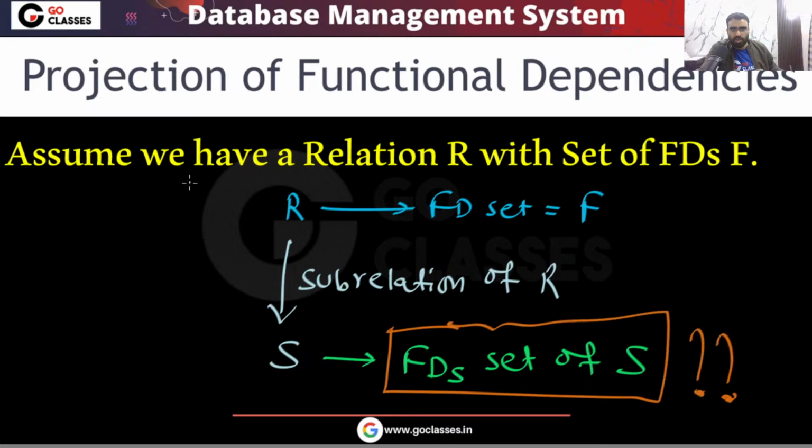Is this clear? This is called projection of functional dependencies. You have the original relation with set of functional dependencies. This is given to us.